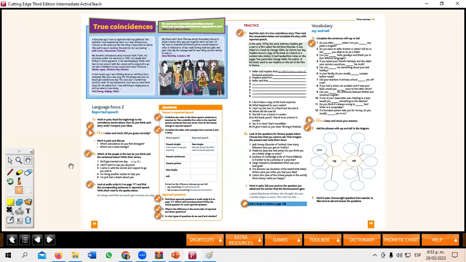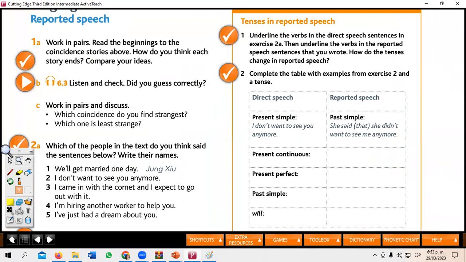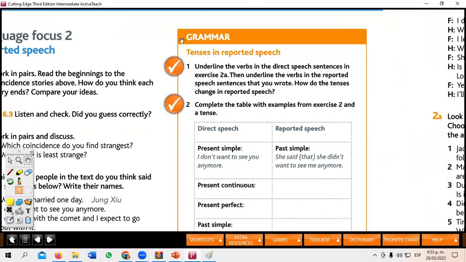All right, so now that we have all the sentences in direct speech and reported, we're going to check the grammatical aspect of it. How do we change the tense in the sentence when we are reporting something?